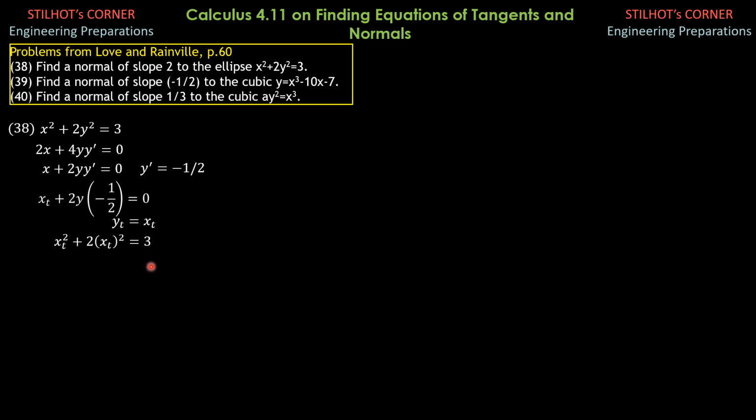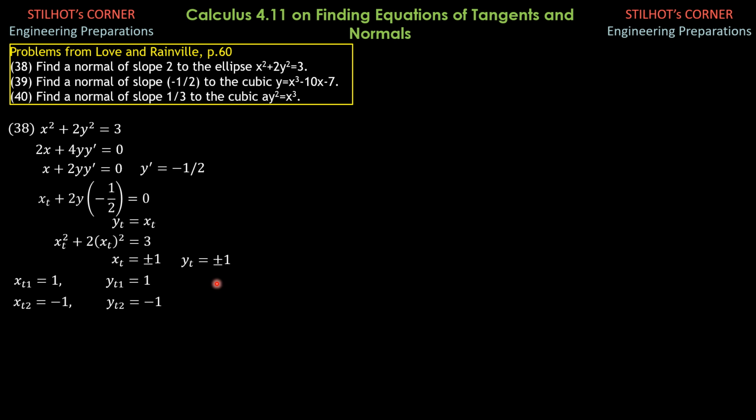So that means 3 x sub t squared equals 3, or x sub t is plus minus 1. So y sub t is also plus minus 1 because y sub t equals x sub t. So when x sub t is positive 1, y sub t is positive 1. When x sub t is negative 1, y sub t is also negative 1.